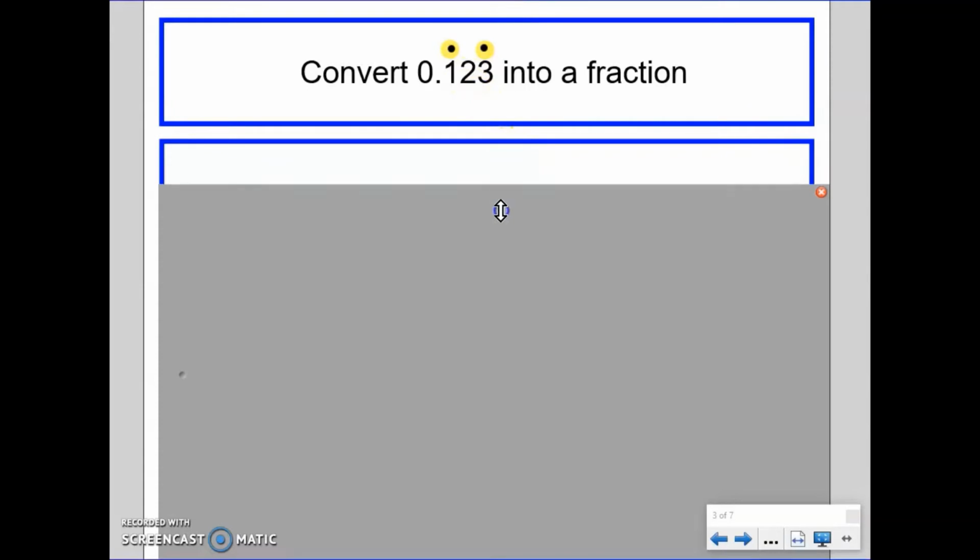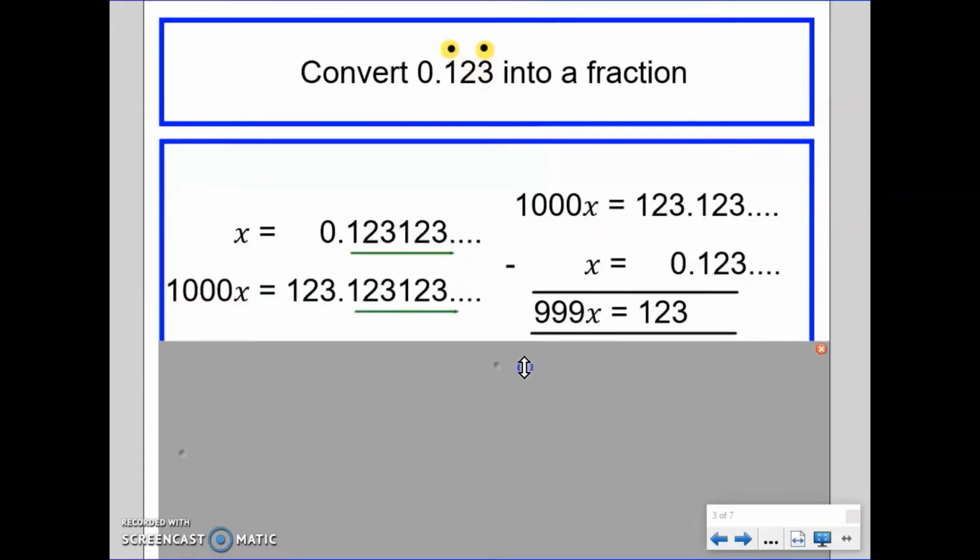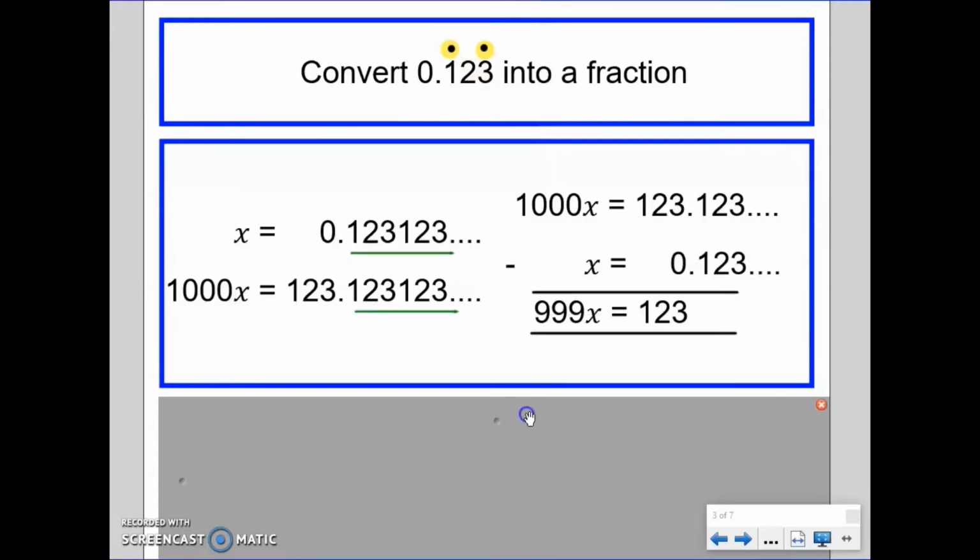Here's my working out. Again, my aim is to get the tail of some decimals to be matching. So I've labeled the number in the question as x, 0.123, 123, and so on. When I thought about 10x, that was going to give me 1.23, which would not have lined up correctly. Then I thought about 100x.